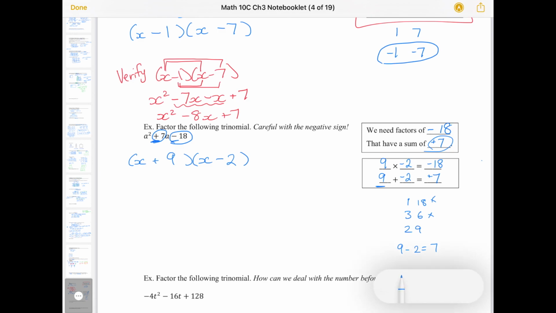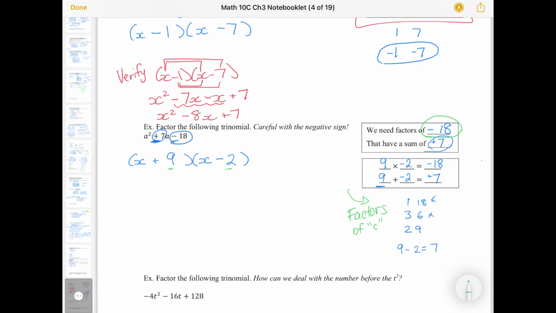So questions you might be having, where am I getting these numbers from? That is from my factors. So I'm looking at factors of the c value, which in this case is negative 18. Yes, I need to keep track of the signs.